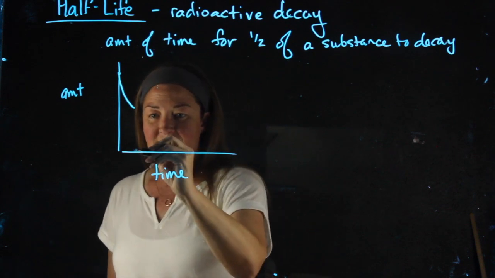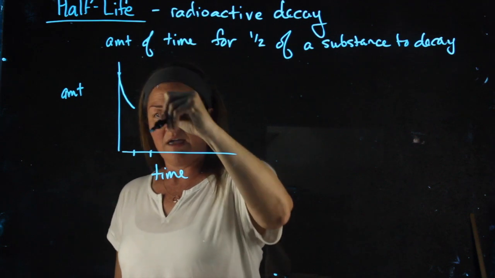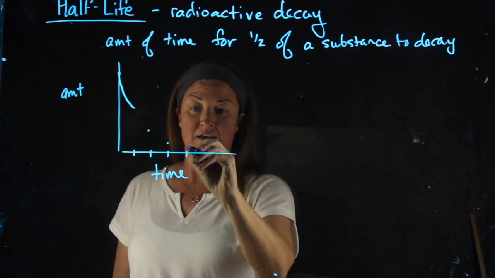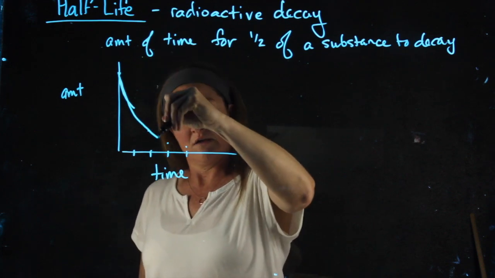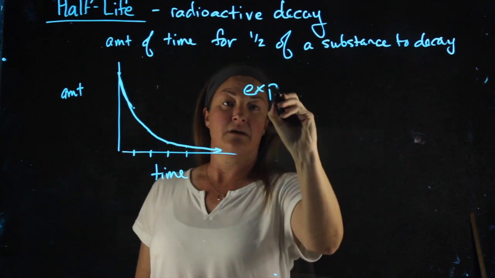And then, let's say it cut in half after 1 hour. After another hour, it would cut in half again. After another hour, it would cut in half again, and cut in half again. So you'll see that we have an exponential decay.